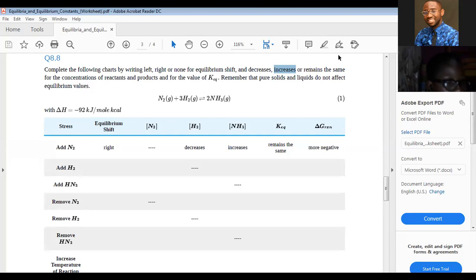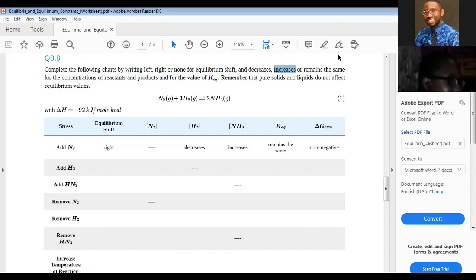To the left. Why? Because when the products reduce, so where is it going to shift to?